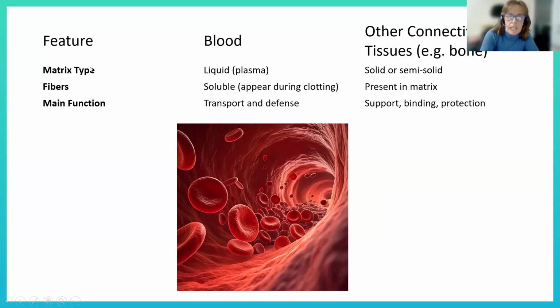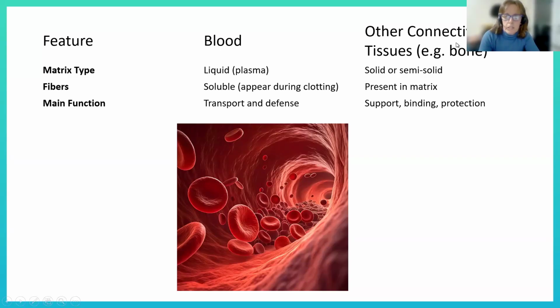That's the plasma. That's the extracellular matrix. We did talk about there being fibres in this extracellular matrix, but they become insoluble during clotting, or scabs start to form. The main function of the blood is transport of nutrients and hormones, but also defense against infection.